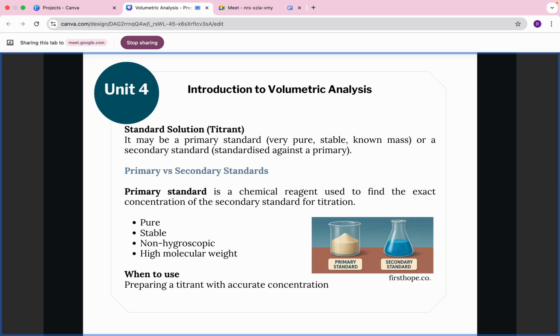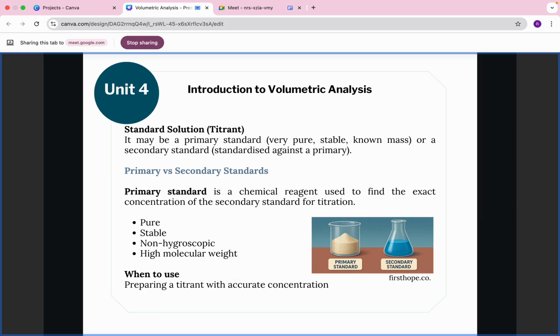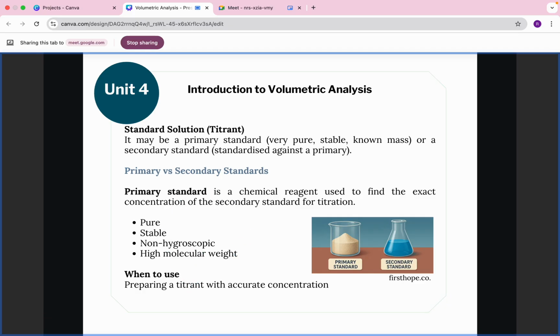Because of its properties, we can use it to prepare a titrant with accurate concentration, and get the accurate concentration of our standard solution, the titrant that we will be using for the titration. So this one is actually for standardizing the titrant that you will use in your titration.